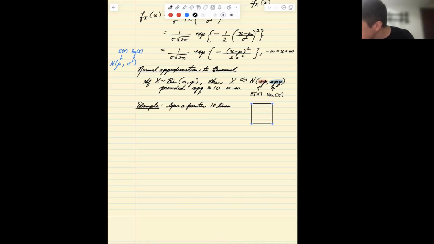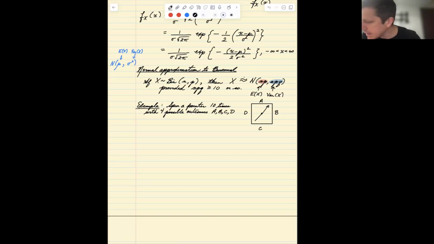What we're going to do is label each side as A, B, C, D. And we're going to spin the pointer, and we're just going to record which side it points to. We're actually just going to record whether it points to A or not. And let's just assume these corners don't happen. It's an edge case. So spin a pointer 10 times with 4 possible outcomes: A, B, C, and D.